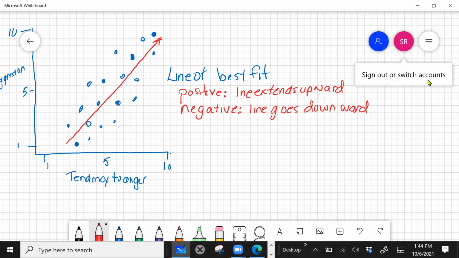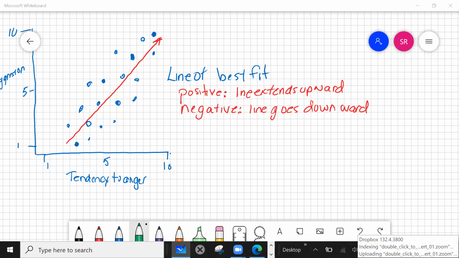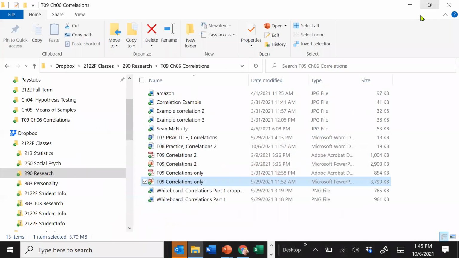The pen stopped working. Let me see if I can save it. All right, sorry about this, everyone. I'm relying on this technology and it's not quite working today, just like last week. I have my pen back. Sorry, everyone.